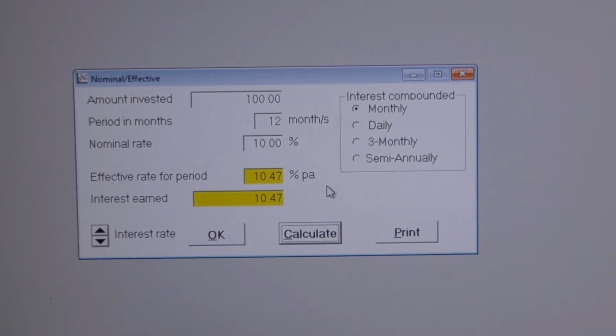At the end of the first month, we have 100 Rand and 83 cents, and we keep adding 0.83% to our account every month. Because we are getting interest on interest, we finish the 12 months with 10 Rand 47 interest, which is an effective rate of 10.47%.